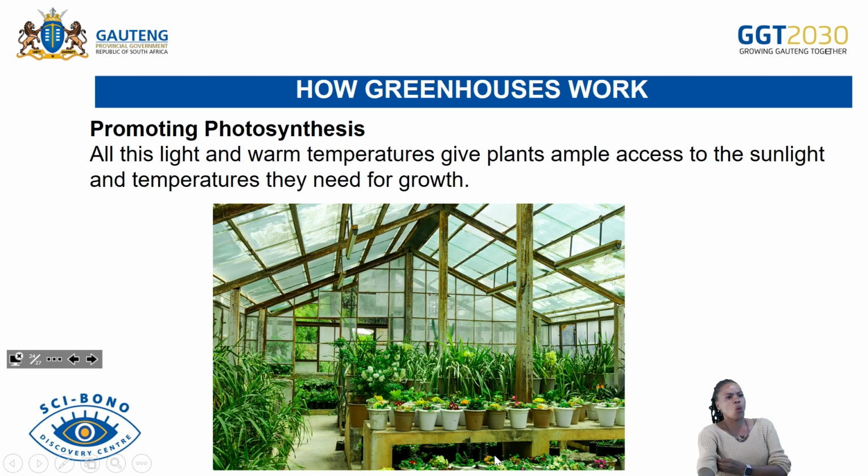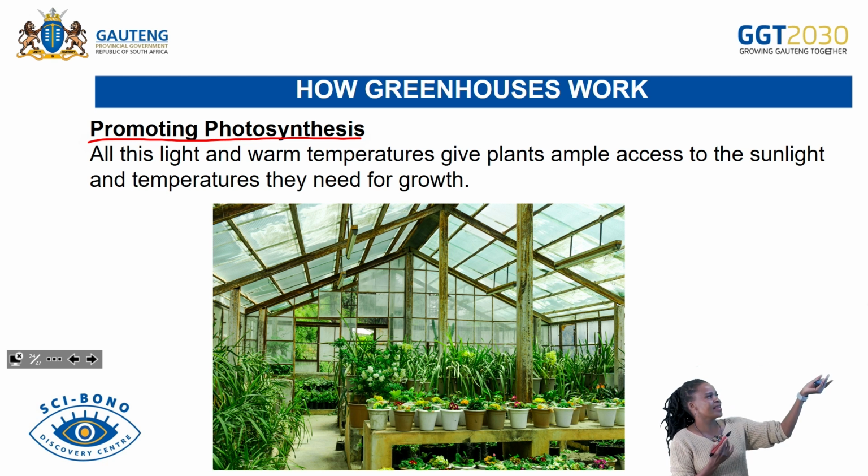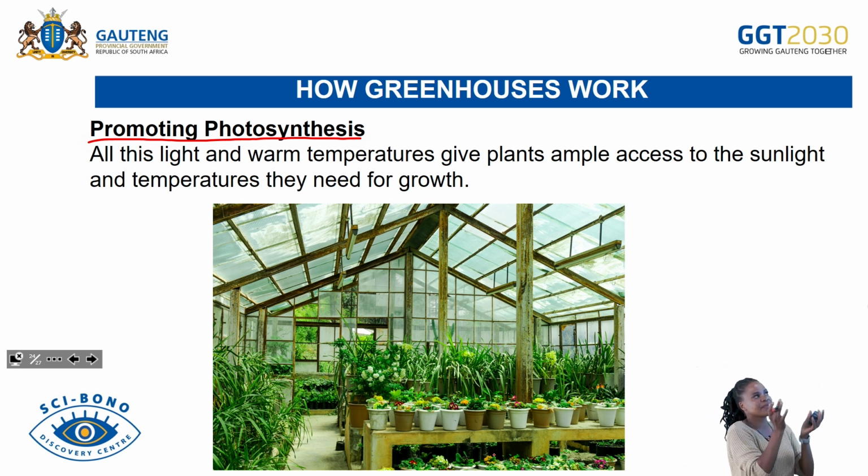So how are greenhouses working? Number one, they are there to promote the rate of photosynthesis. How so? All the light and warmth give plants ample access to the sunlight, which is absorbed by the plants, and the temperatures they need for what?